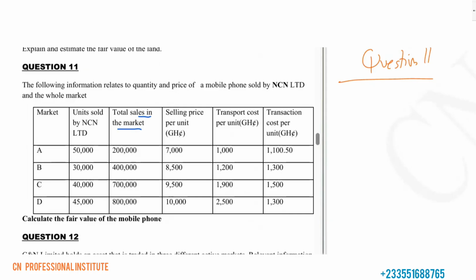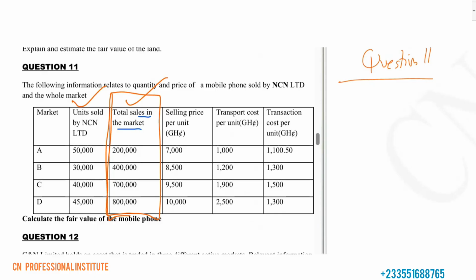So in this case, this is what we are going to use to determine the principal market. We are going to use the total sales. And as I told you, the selling price, the transport and transaction costs, we use them to determine the most advantageous market, not the principal. The principal market uses quantities. That's why our focus is on either this or this, because we want to determine the principal market. Because that's what the standard says. It says we should always determine fair value using the principal market. It is when there's no principal that we use the most advantageous.